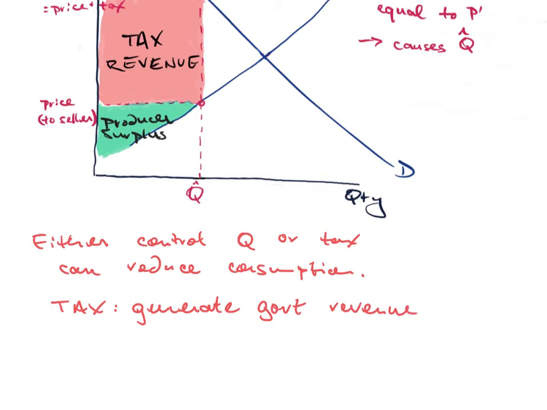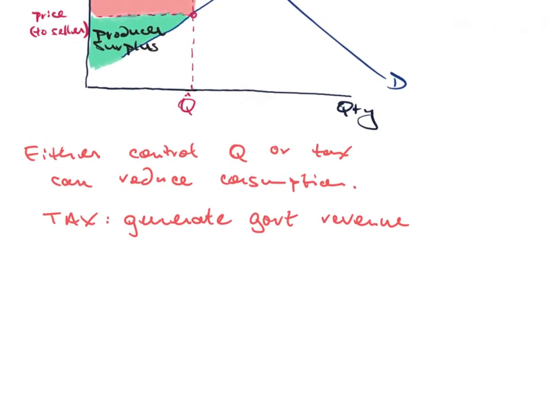The control on the quantity gives profit to sellers. And those two quantities are the same. Basically, all the tax revenue that the government could have collected instead goes to the sellers as profit.